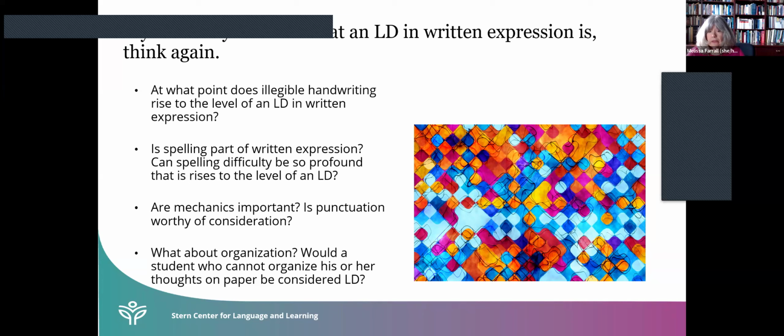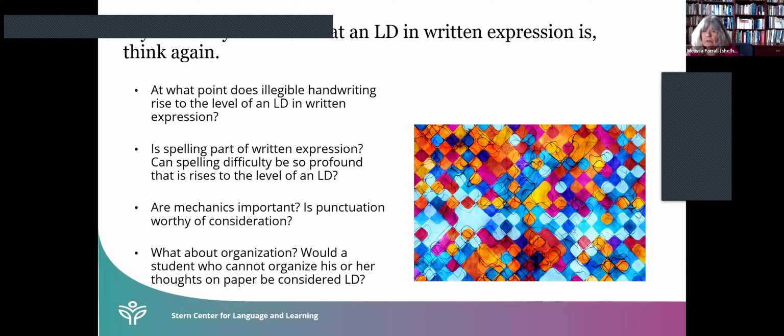My other question is, what about organization? I've had people tell me that children who can write intact sentences but who can't organize their thoughts into a coherent paragraph, that's not a true LD, because they can write basic sentences.